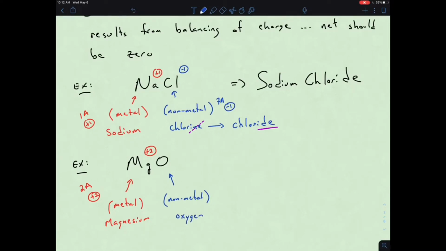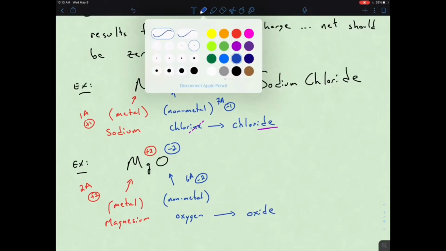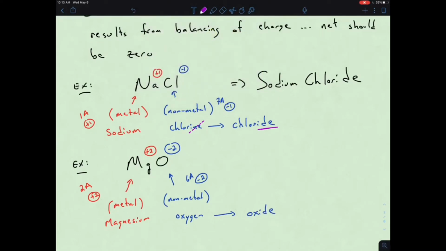Oxygen's from 6A, so we're looking at a -2 charge. Again, there's the 1-to-1. We have that balancing out. And with the oxygen, we would be doing the replacement, since it's the most electronegative, with oxide.